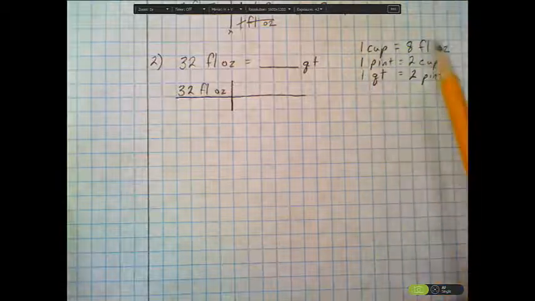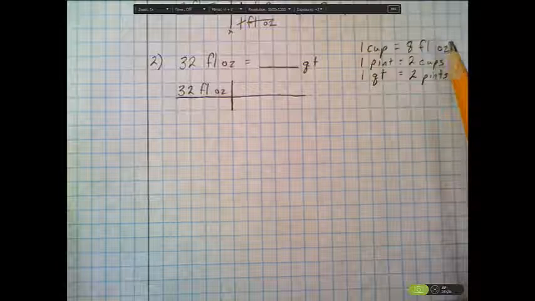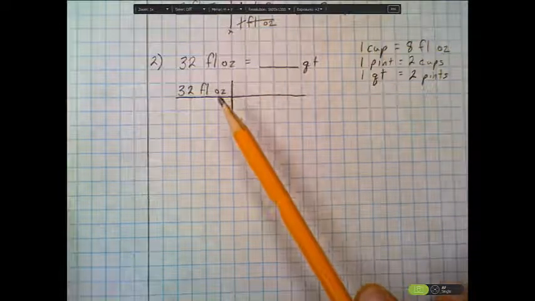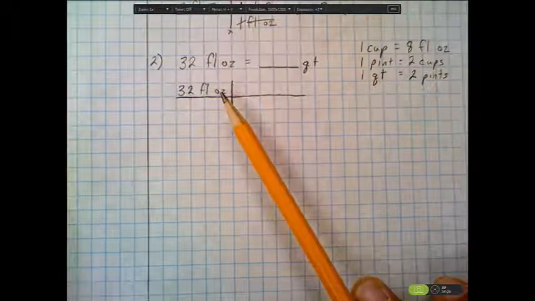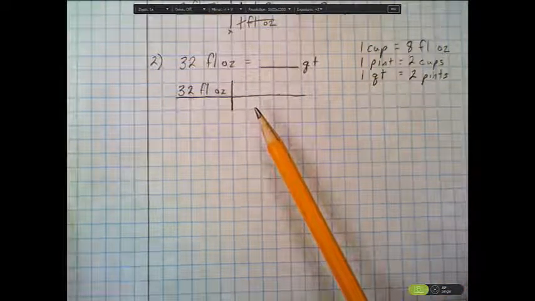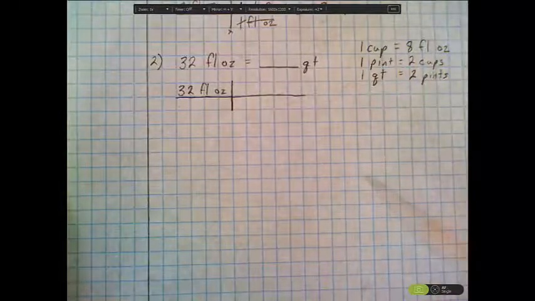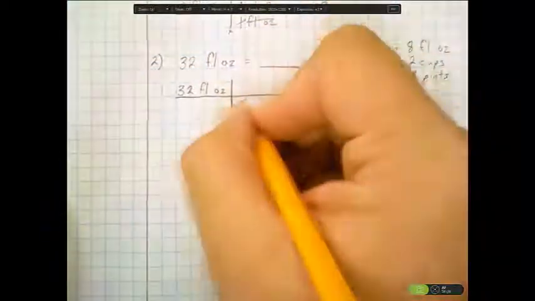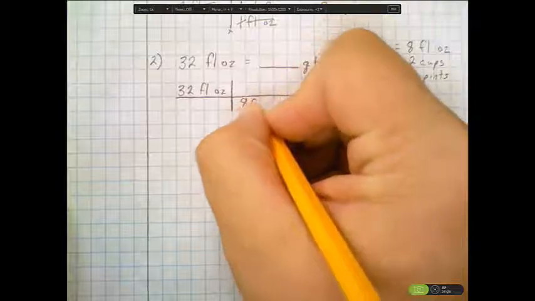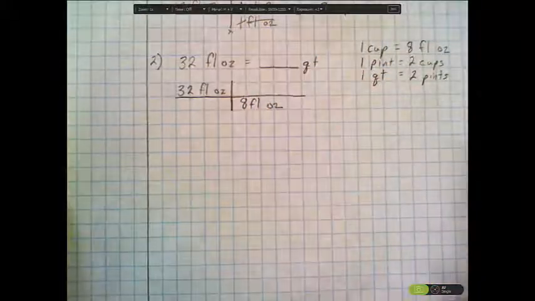So we're going to start with that one, and then we're going to move through and add other ones as we need. So if we have fluid ounces on the top of the first section, we need to have fluid ounces on the bottom of the second section. So we have 8 fluid ounces goes on the bottom. And that's equal to 1 cup.